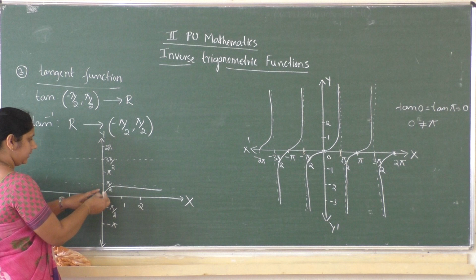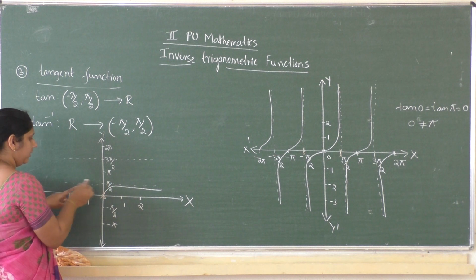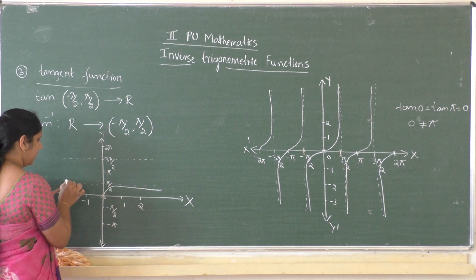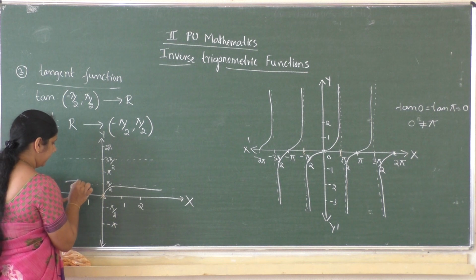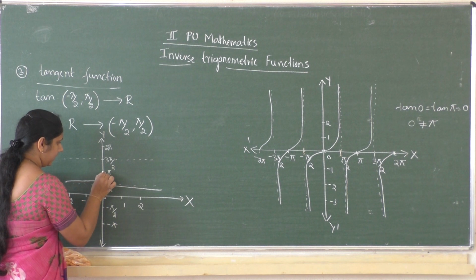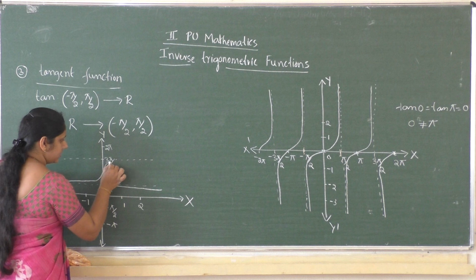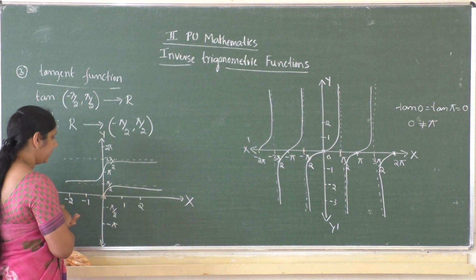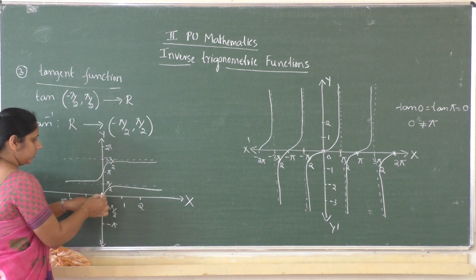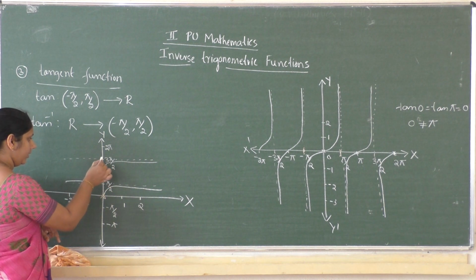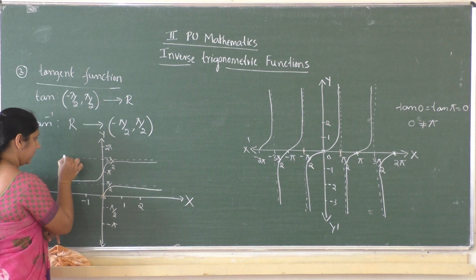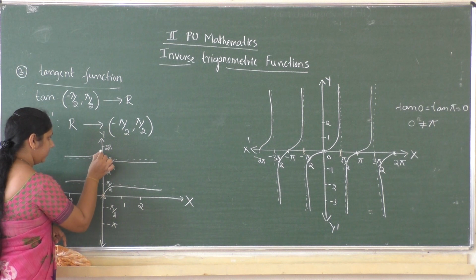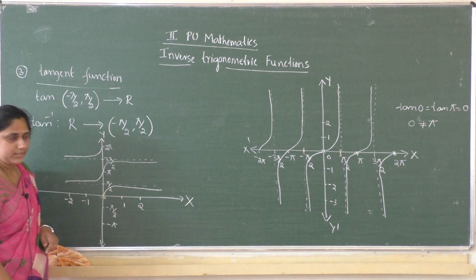Next, this is the second, that means negative, that is minus infinity to 0, again 0 to infinity. Same, just tilt the graph, you can clearly understand this. So next one, fourth quadrant, again the negative side. So like this the graph continues.